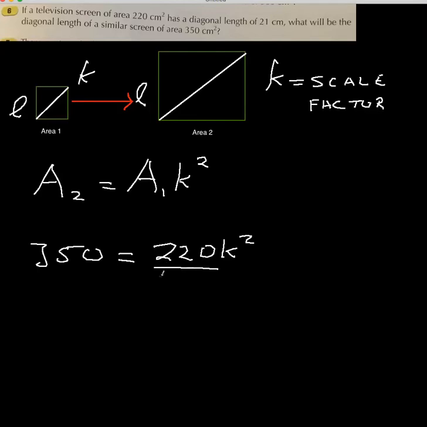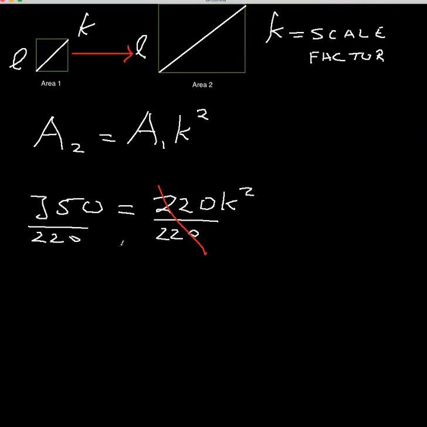If we divide both sides by 220, this cancels out here, these two cancel out, and we end up getting K squared is equal to 350 over 220.